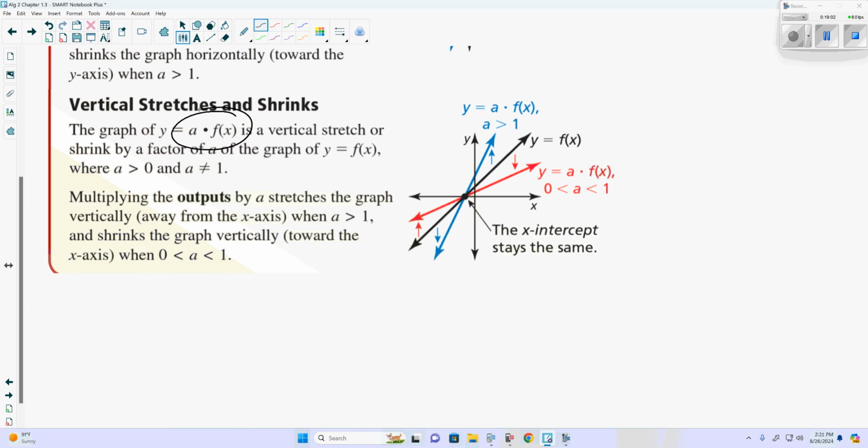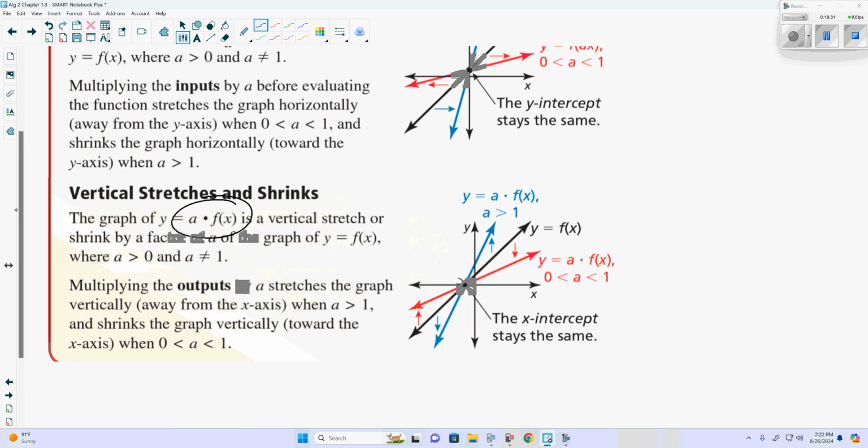Doesn't matter if it's a stretch or a shrink, we still use the same form, where a is the amount that we're stretching or shrinking the function vertically by. So if it's a vertical shrink of 1/3, we're still using a times f of x. If it's a vertical stretch of 7, we're still using a times f of x.